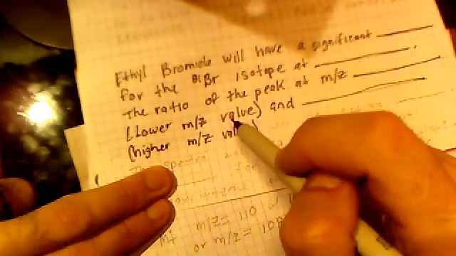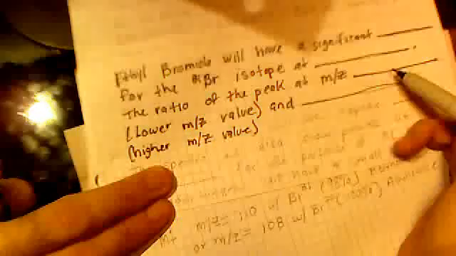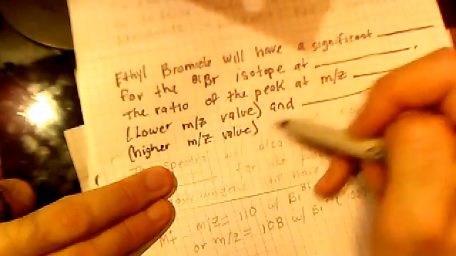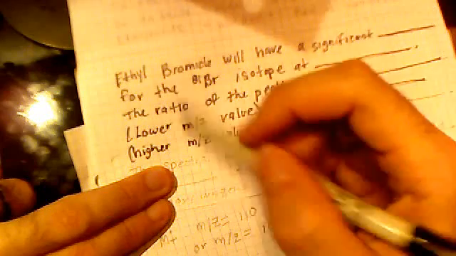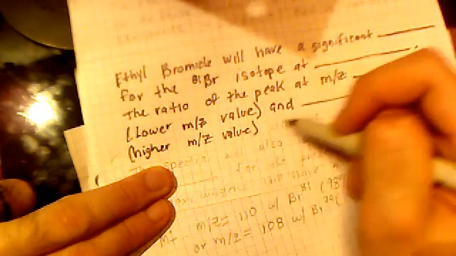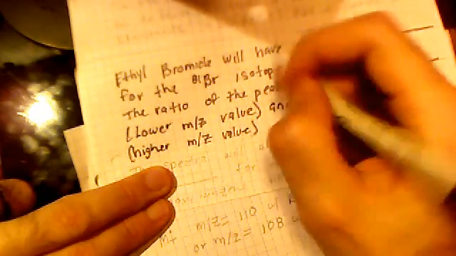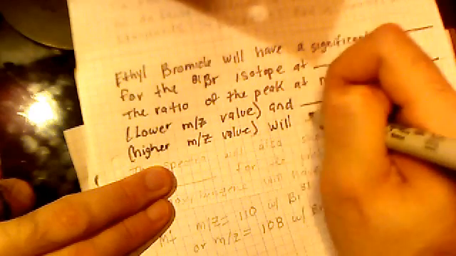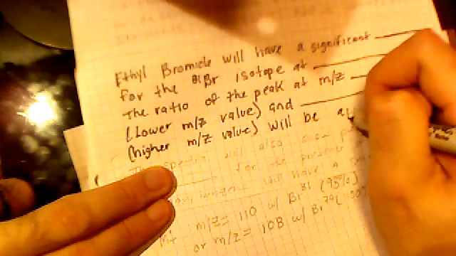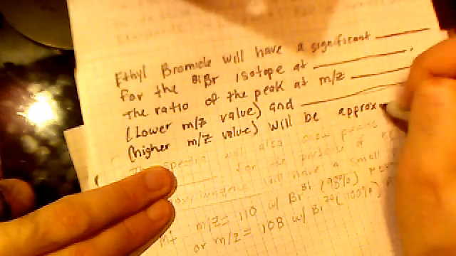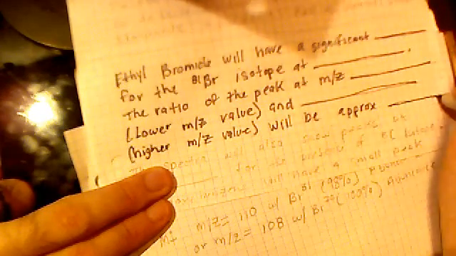Okay, blah, blah, blah. The ratio of the peak at m/z blank, lower mass value, and blank, higher mass to charge ratio value, will be approximately blank.